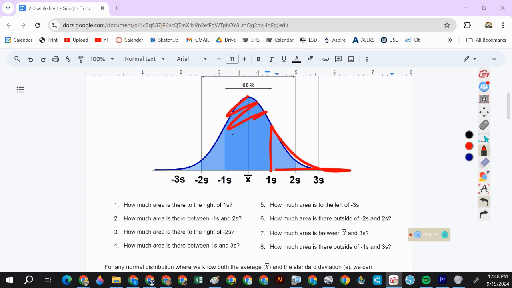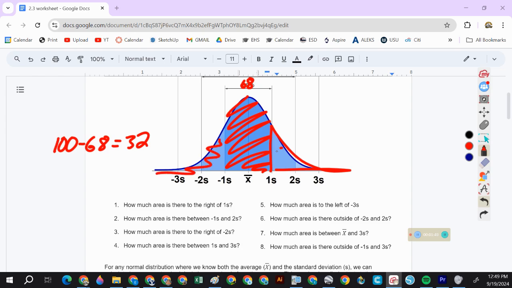Well, this here is 68. So David is saying take 100 minus 68. That gives me 32. And that 32 is split between left tail and right tail. So if we cut it in half, we get 16%.